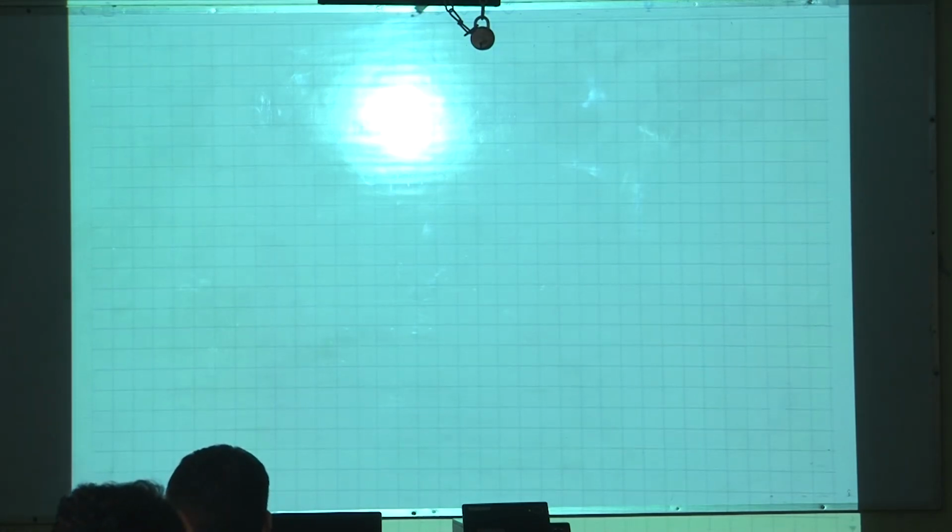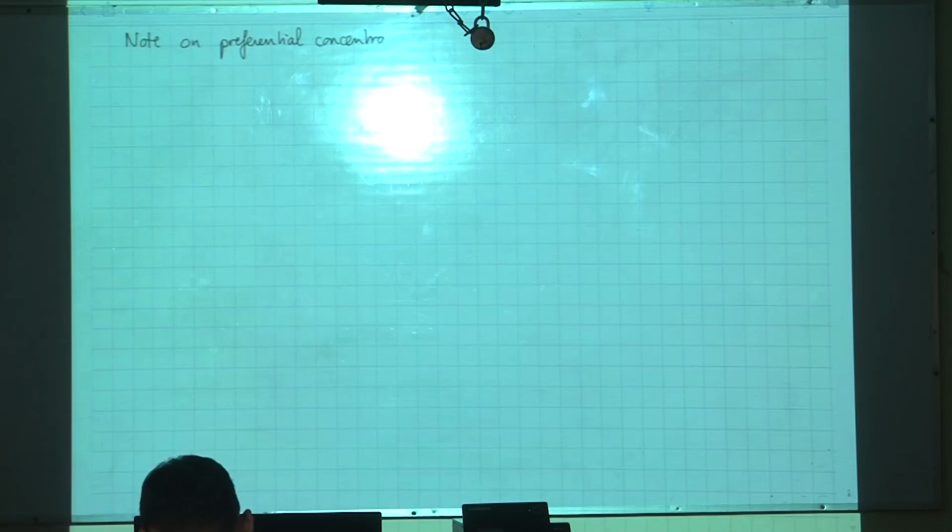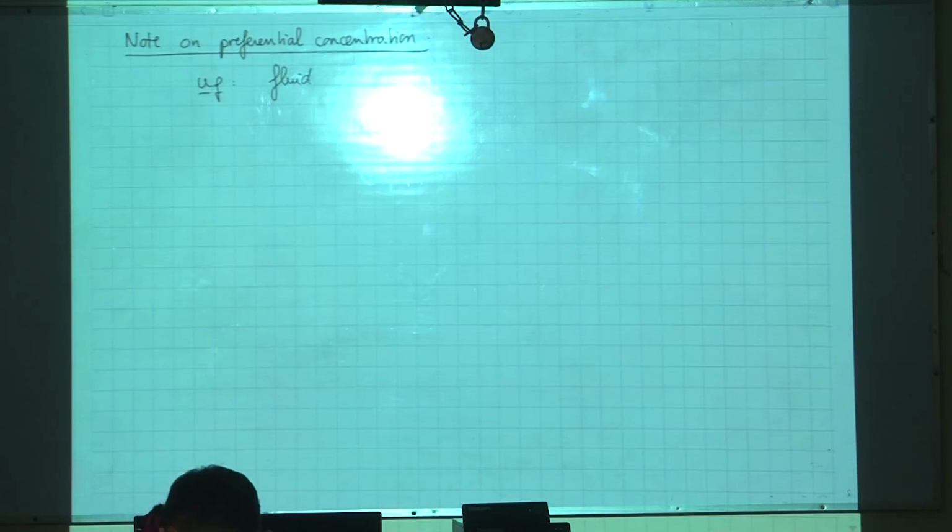So this is just a quick note on preferential concentration. So if my UF is my fluid velocity and my UP is my particle velocity, then we'll start by making a fairly simple approximation.